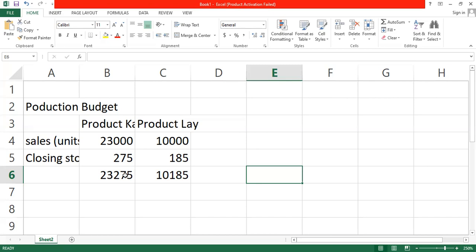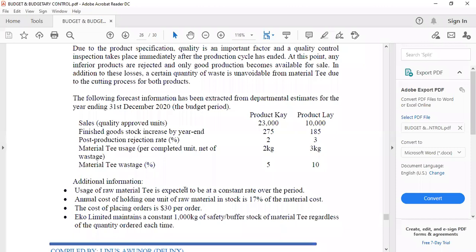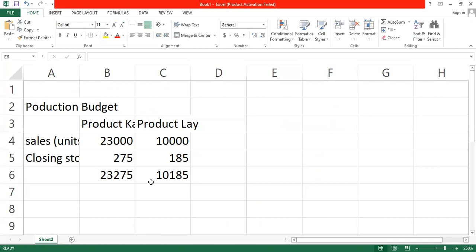So if we have thrown the rejected goods away, which is 2% of the actual production level, it means that the remaining goods represent 98%. So 98% for this one, and 97% for this one.